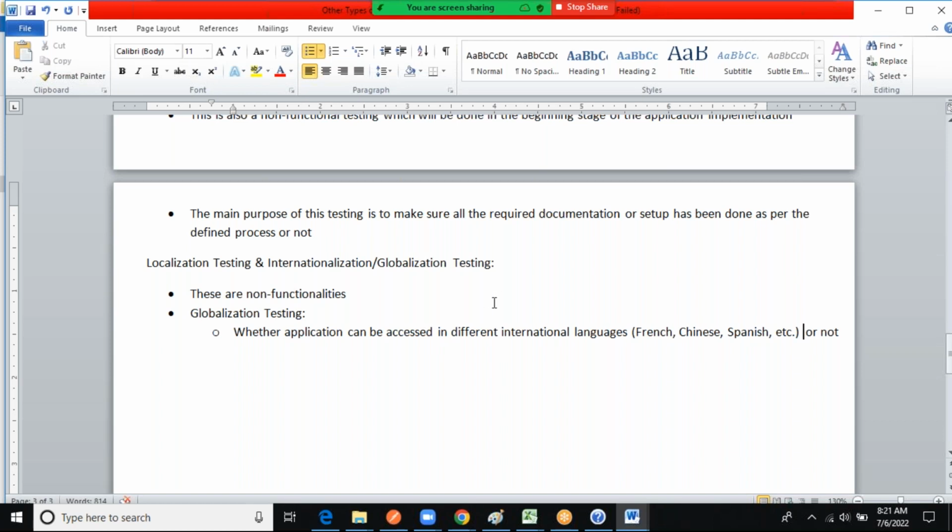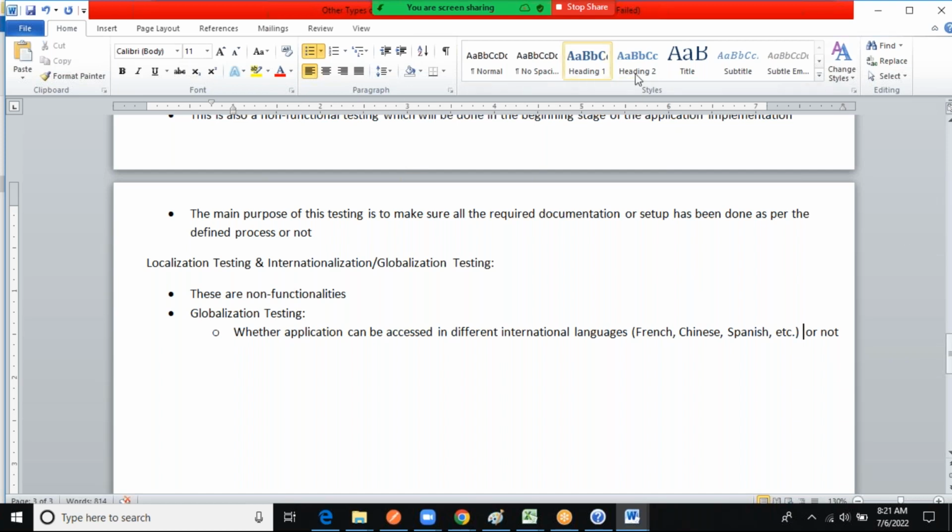The customer says my organization is in France, China and Spain as well, they are not good at English, so please globalize the application to support all these languages. If they mention that, then we need to do the translations. Our development team needs to implement the translation.